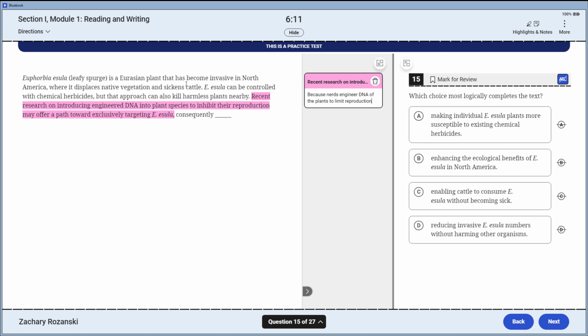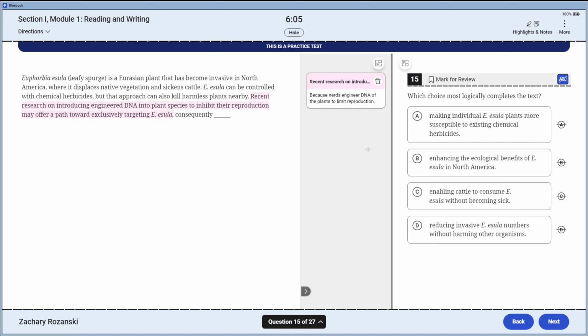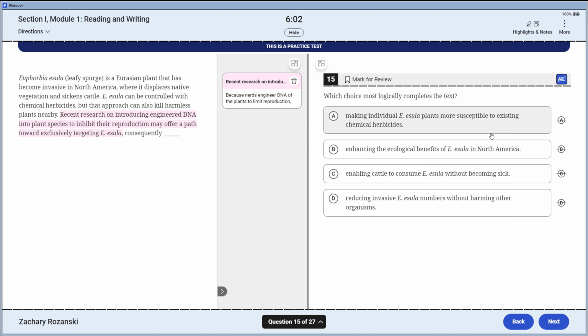We want to exclusively target. Because nerds limit reproduction, then I can go for my answers. If something dangerous happens, I'm going to pop back some, making individual plants more susceptible. No, they're just going to reproduce less. Maybe if they reproduce less, I can kind of talk myself into this one.